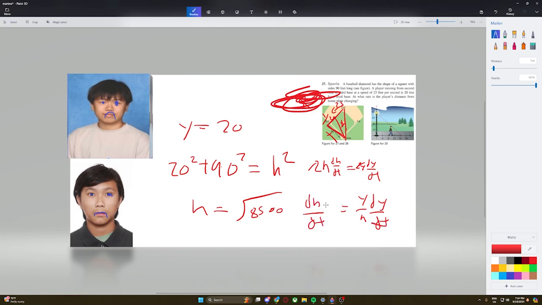Just plug in your knowns, which is 20 over the square root of 8,500 times 25 feet per second. And it's actually negative, by the way, because you're decreasing your distance as you're going in.